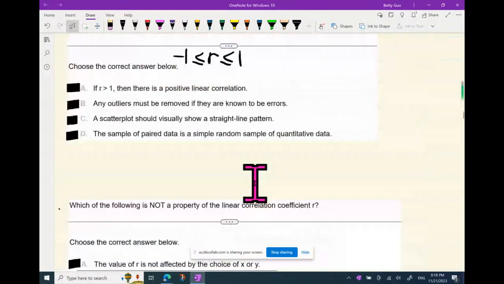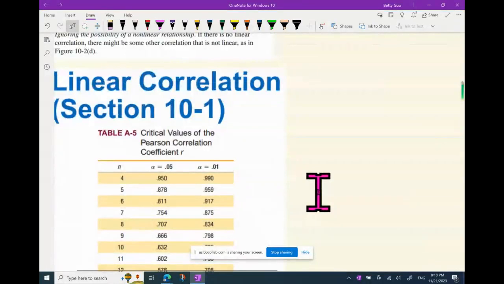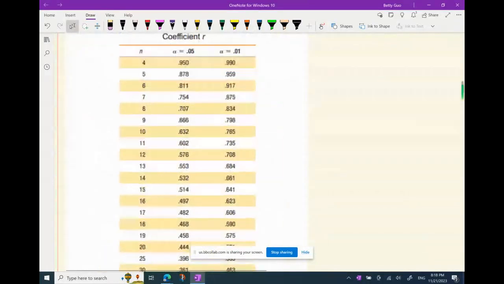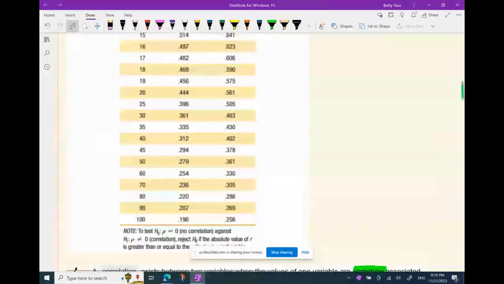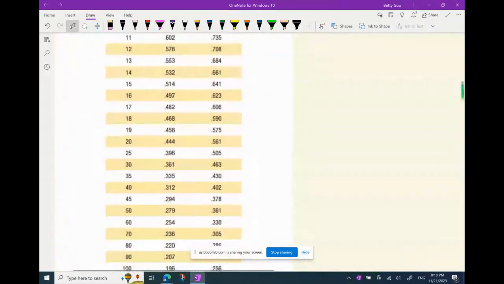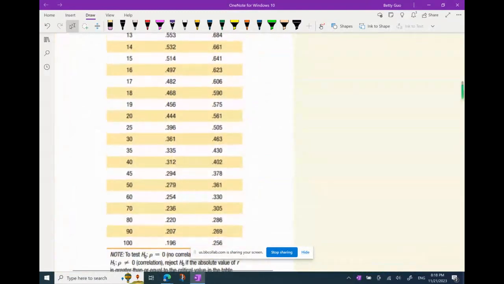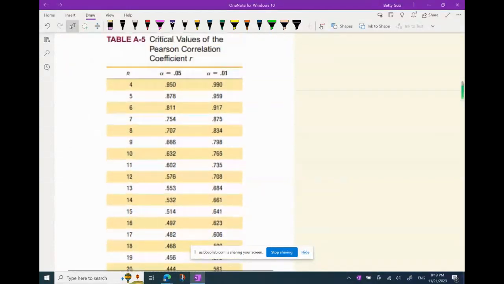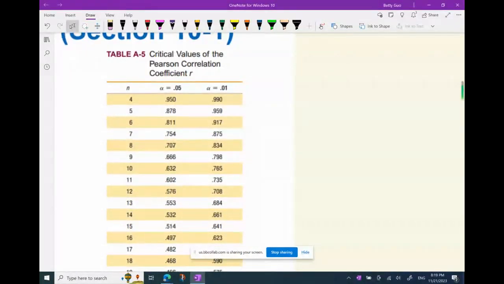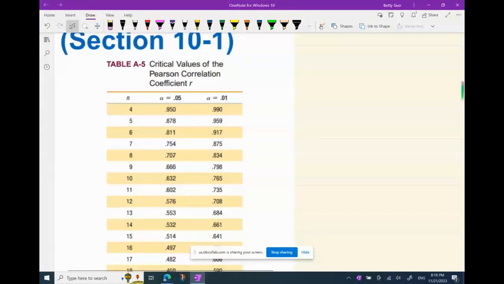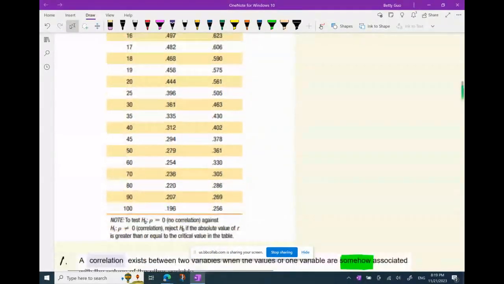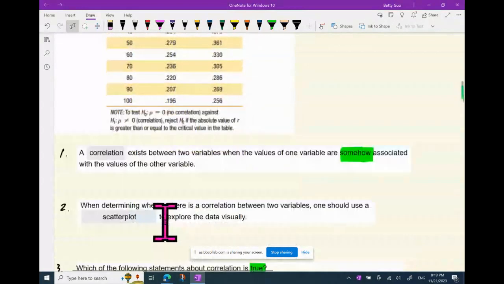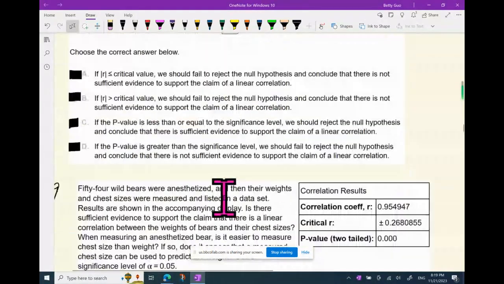Okay, so let's look at the table here. Remember, what's the sample size? 54, right? We don't really have 54. But alpha equals 0.05 is going to be the second column.